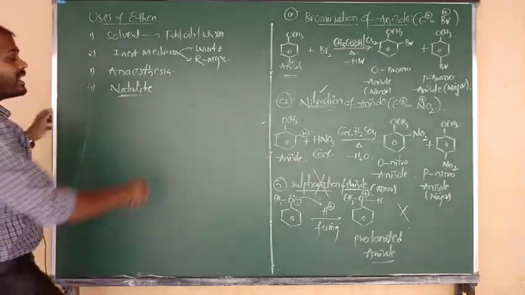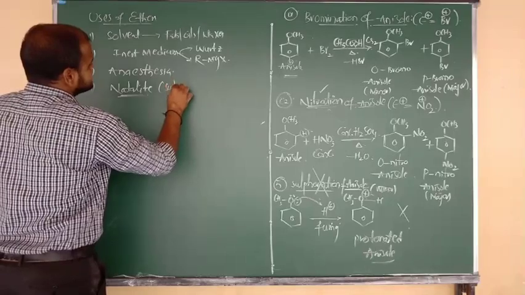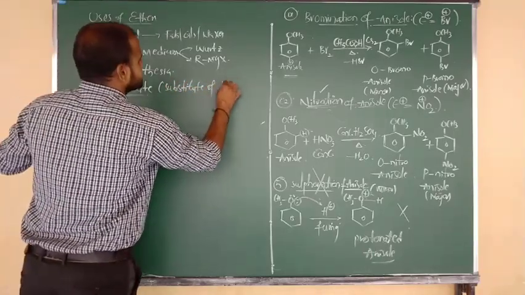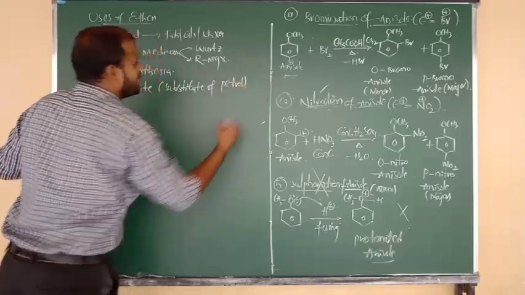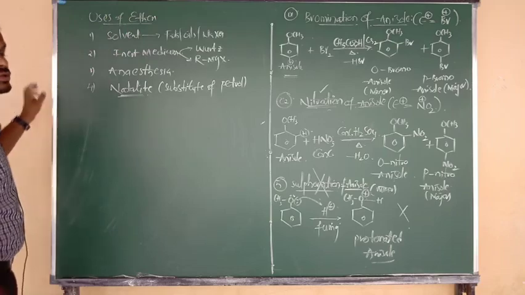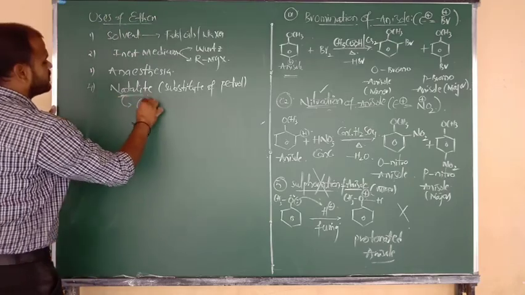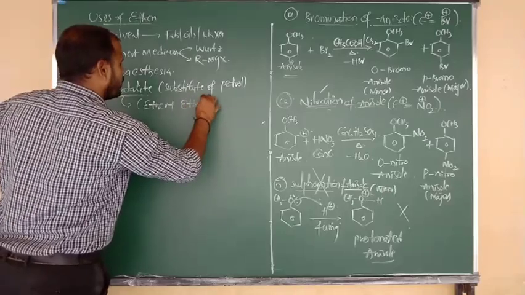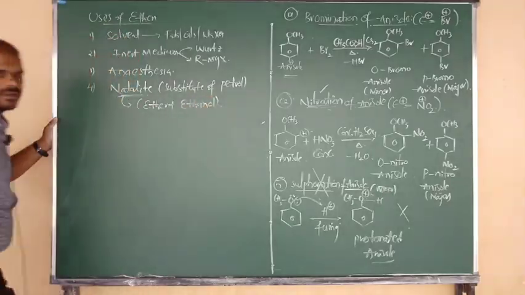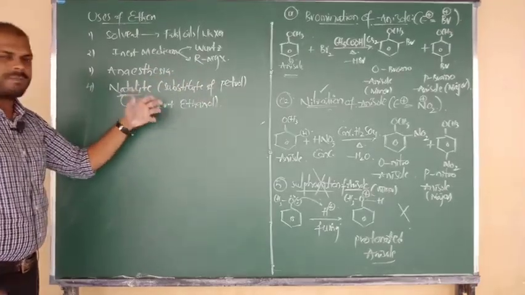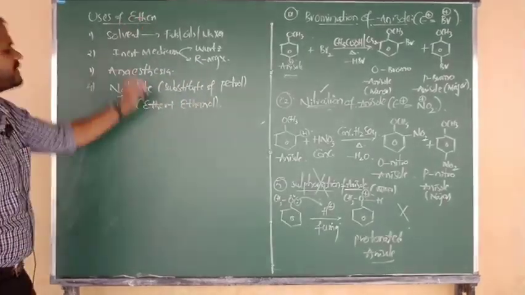Natalite is a substitute form of petrol, prepared by using ether. The mixture is ether plus ethanol. That's why in the topic of ethanol uses I have already told you. So natalite is a substitute form of petrol that can be prepared from a mixture of ethanol plus diethyl ether.